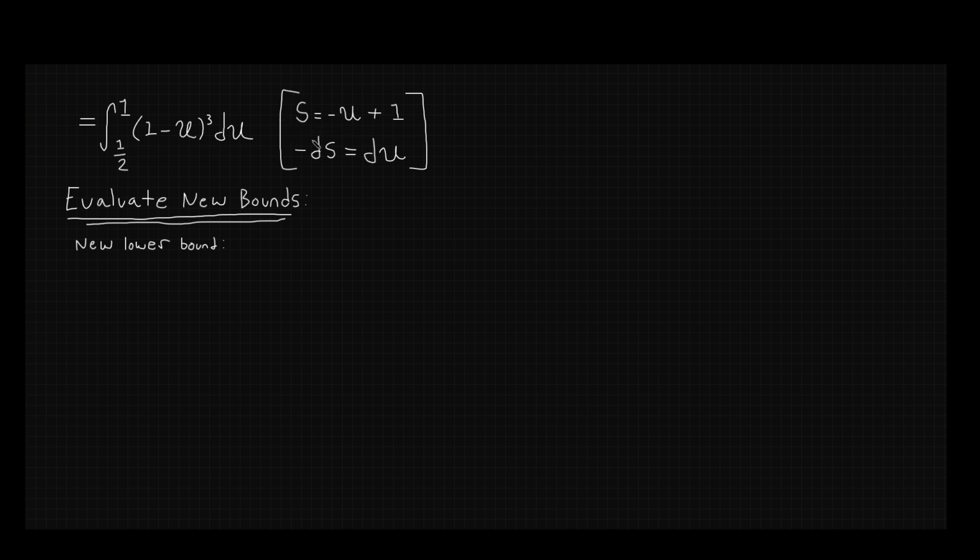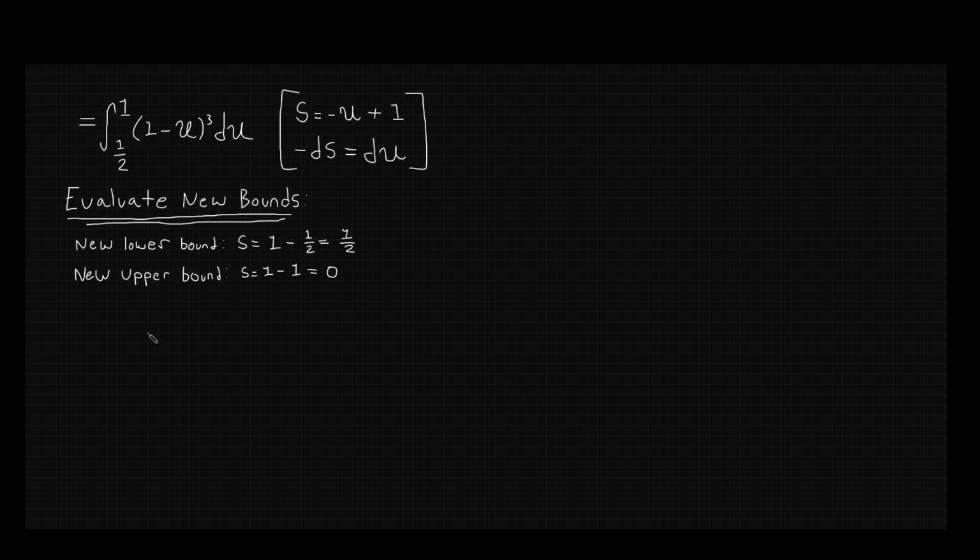What that means is we're going to do 1 minus 1 over 2, and that's going to equal 1/2. So that's going to be our new lower bound. And then we're going to do our new upper bound. Same thing, we're just going to plug it into our equation for s. S equals 1 minus 1, which is going to equal 0. So these are our new limits of integration.